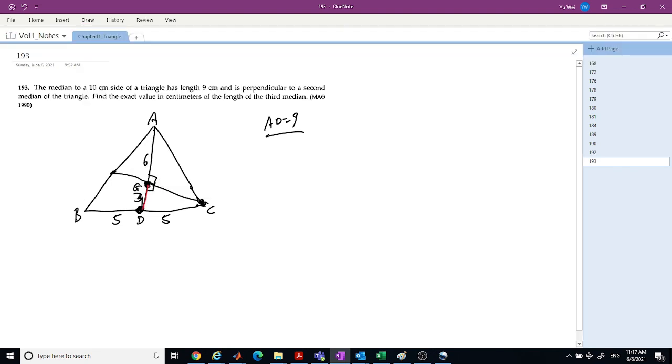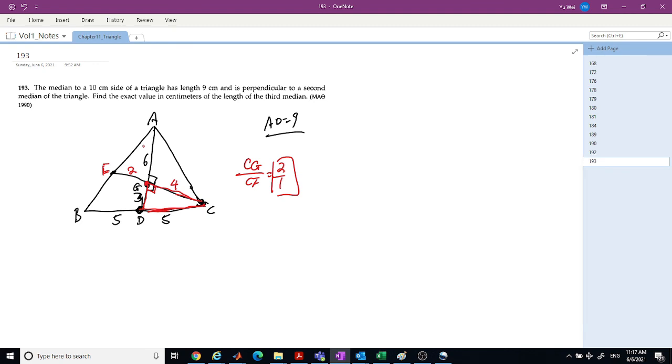If you see DGC is a right triangle, now you know it's 3, 5 and 4. Once you figure out this 4, CG over CF is 2 over 1, so now you know this is 2.